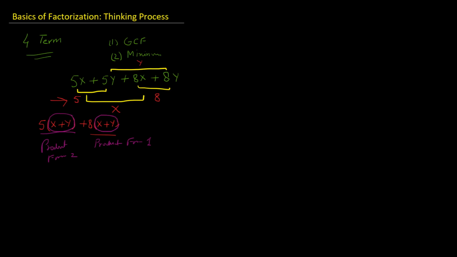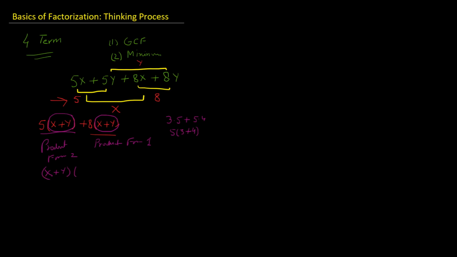Because just like we can take common from 2 numbers, like 3 is being multiplied by 5 and 5 is being multiplied by 4, so we can take 5 common and 3 plus 4 will be inside the brackets. In a similar situation, we can take x plus y common from these two.